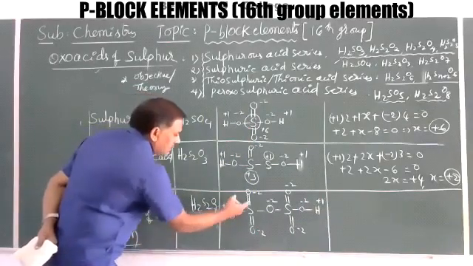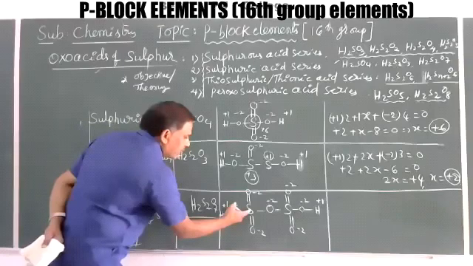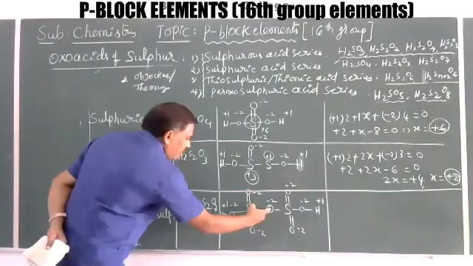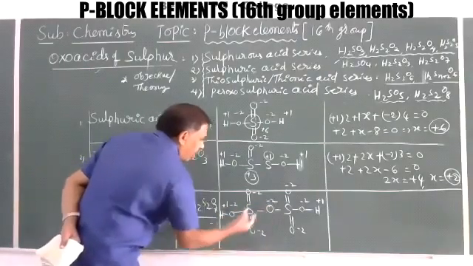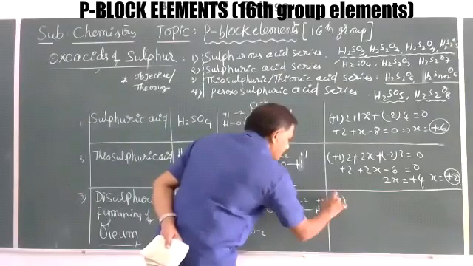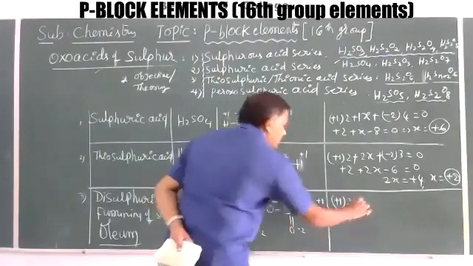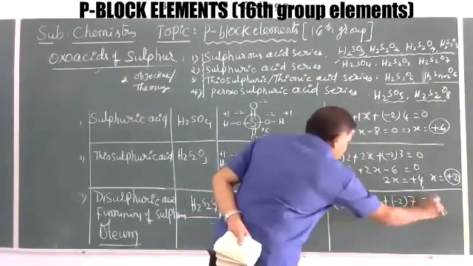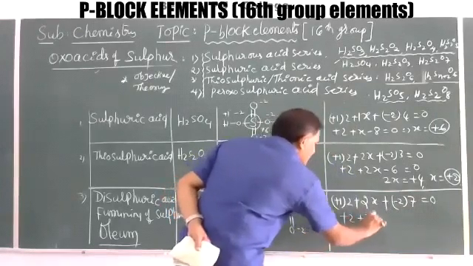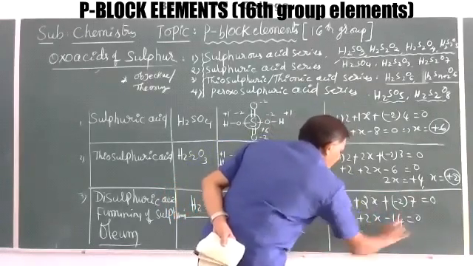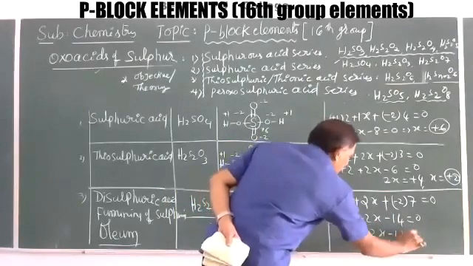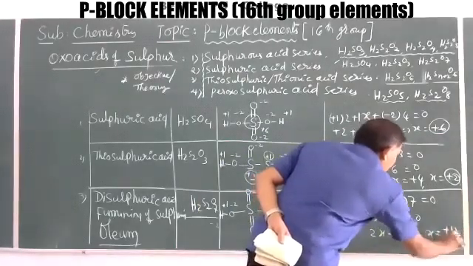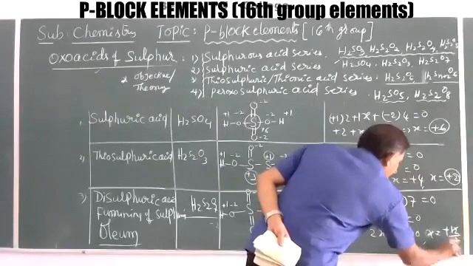That's why in this case, 2 sulfur atoms are there. Now this bridging oxygen atom undergoes minus 2, 1 minus from this side, 1 minus from this side. On average, the oxidation state is: plus 1 into 2 for the 2 hydrogen atoms, 2 sulfur atoms, and 7 oxygen atoms, equal to 0. Plus 2 plus 2x minus 14 equals 0, 2x minus 12 equals 0. So x equals plus 12 by 2, that is plus 6 oxidation state.